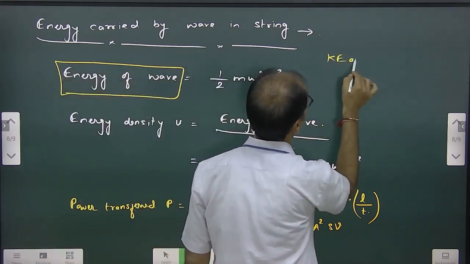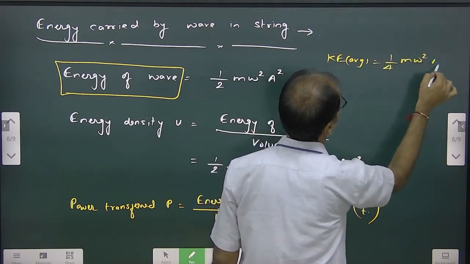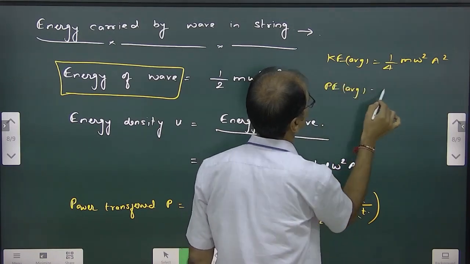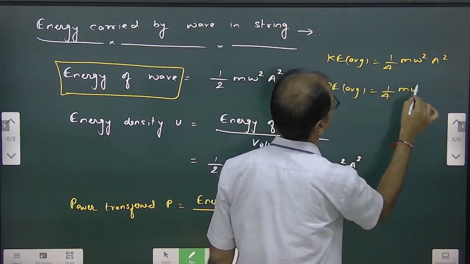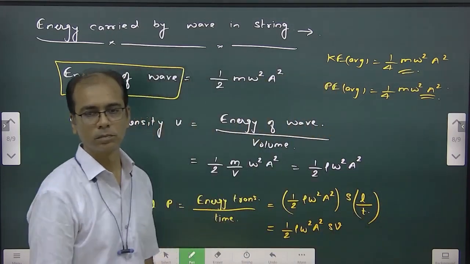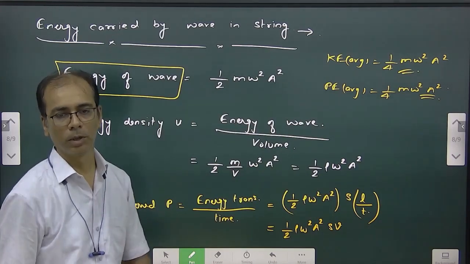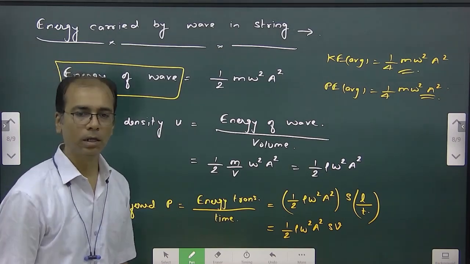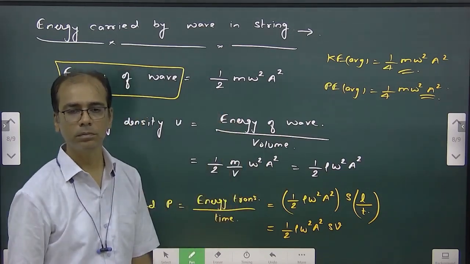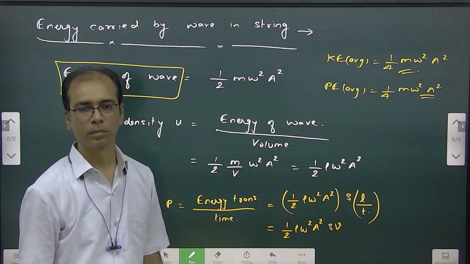Average kinetic energy and average potential energy are each 1 by 4 m omega square a square. Kinetic and potential energy average is the same. You add, you are getting half m omega square a square. That's average energy. Is it clear?